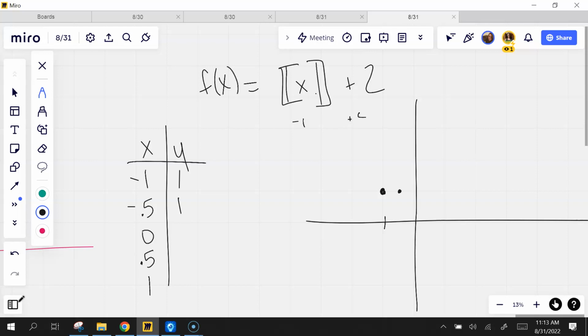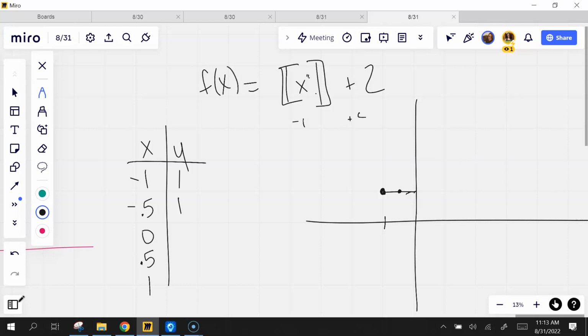What happens as I get closer and closer to 0 here? Is this value going to still stay the same? Look, how about if it was -1/4? Still the same, right? -1/4 plugged in here still goes down to -1. And -1 plus 2 is always 1. So all the way up.